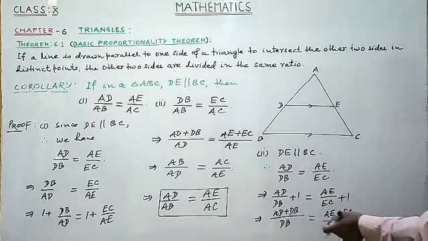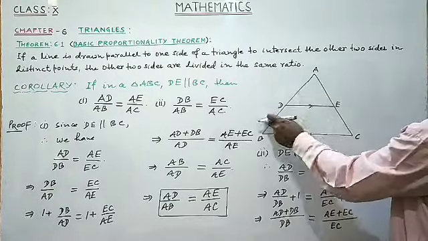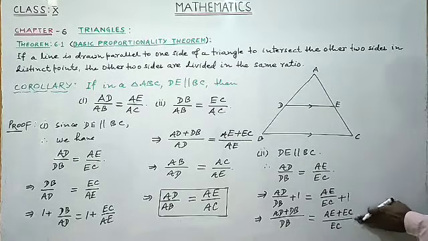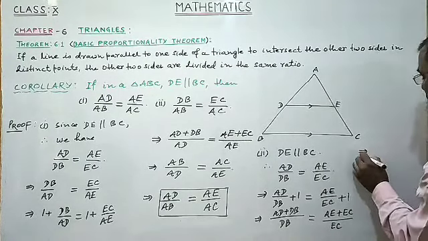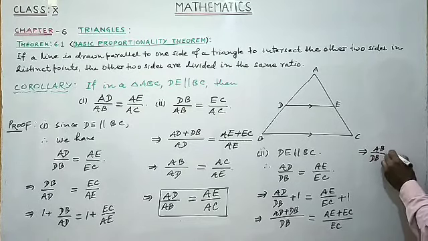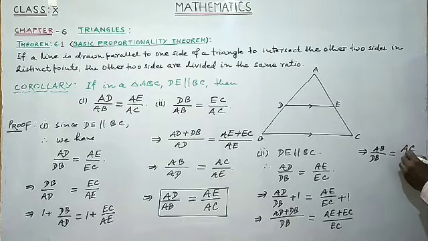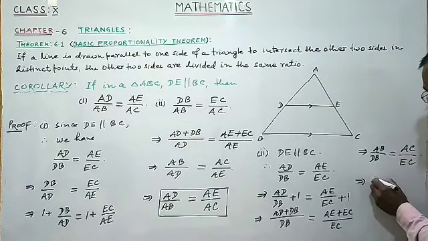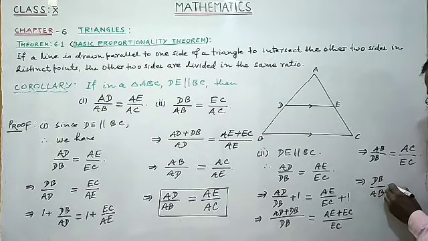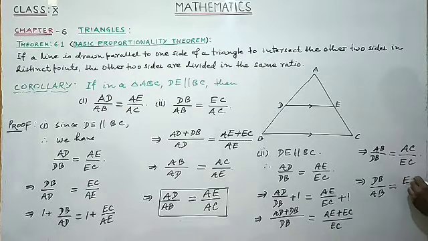Now see in the figure, AD plus DB is AB and AE plus EC is AC. So this implies AB by DB is equal to AC by EC. Now again applying invertendo, we have DB by AB equal to EC by AC.